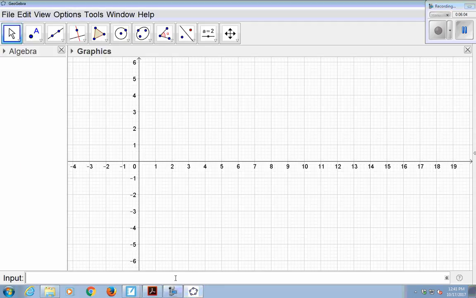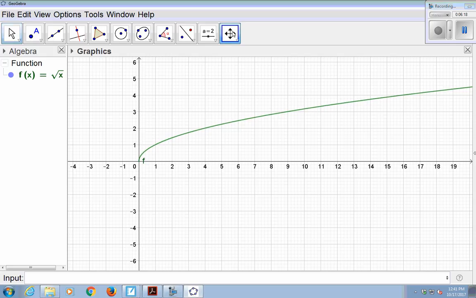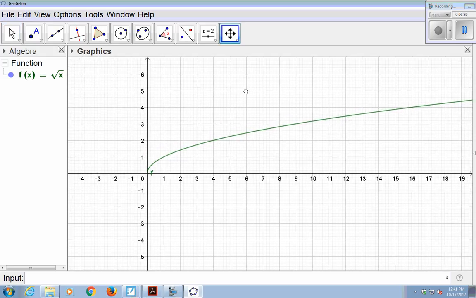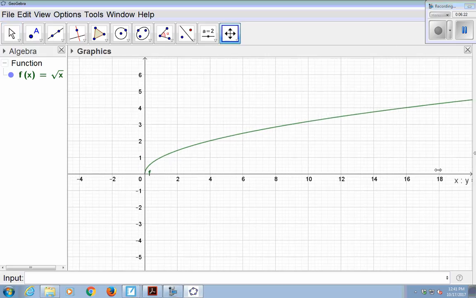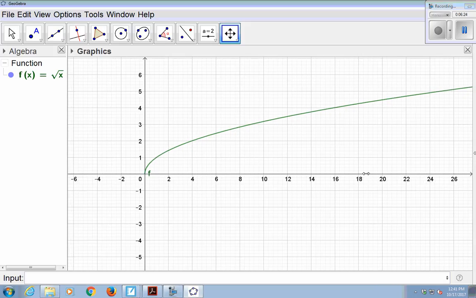Okay, so I'll plot my parent first. I have f of x equals square root x. The abbreviation in GeoGebra for square root is SQRT. So there's my square root function. Let me show a little bit more of the x values because ours went to 25.